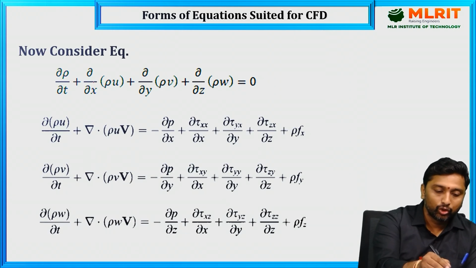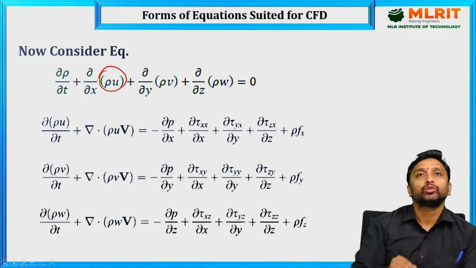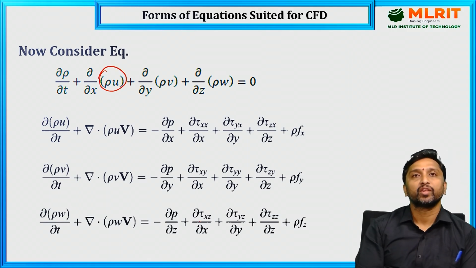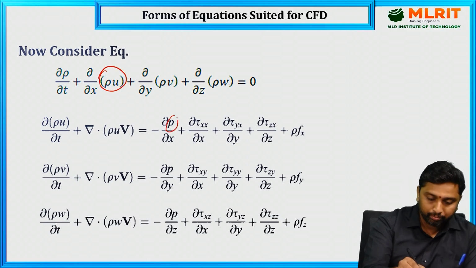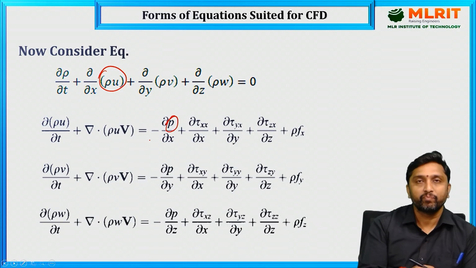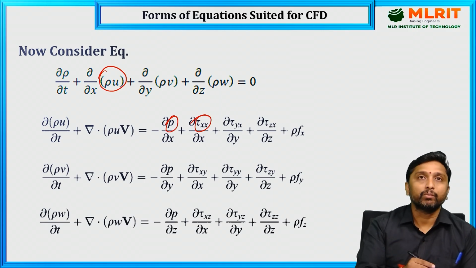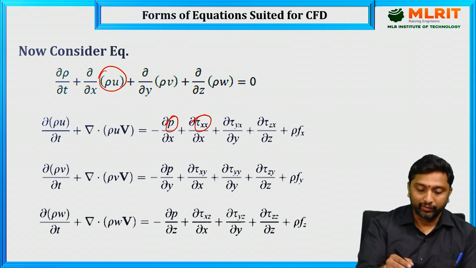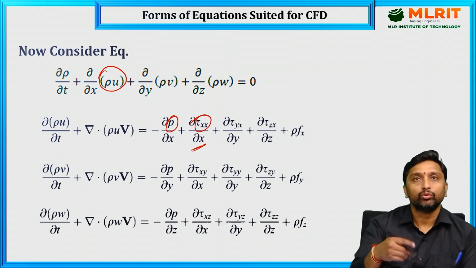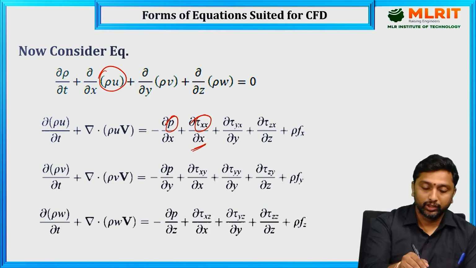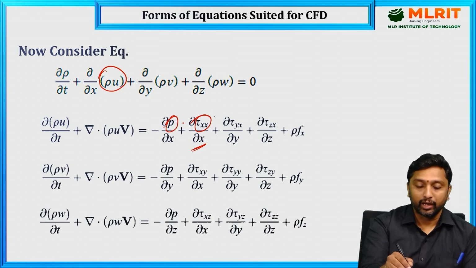Now see, dou by dou x, first term rho u from the continuity equation, then dou by dou x of p, that is minus p, dou by dou x of tau xx from the x momentum equation. So I am not considering y momentum or any other, because everything is with respect to x. So from x momentum, it is going to be minus p and tau xx.